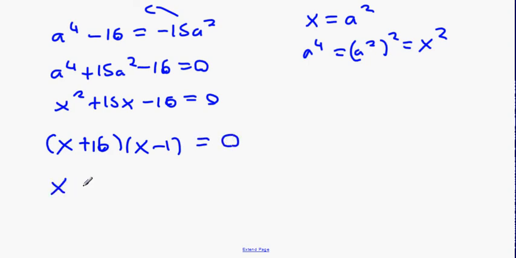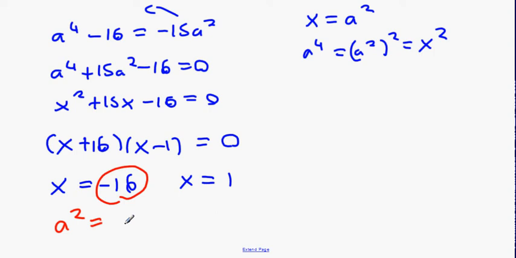Then we're going to get x equals minus 16, or x equals 1. Now x can't be equal to minus 16, because that would imply that a squared equals minus 16, and as we already know, it has to be a real number. So a squared equals 1. So this means a can be equal to plus or minus 1.